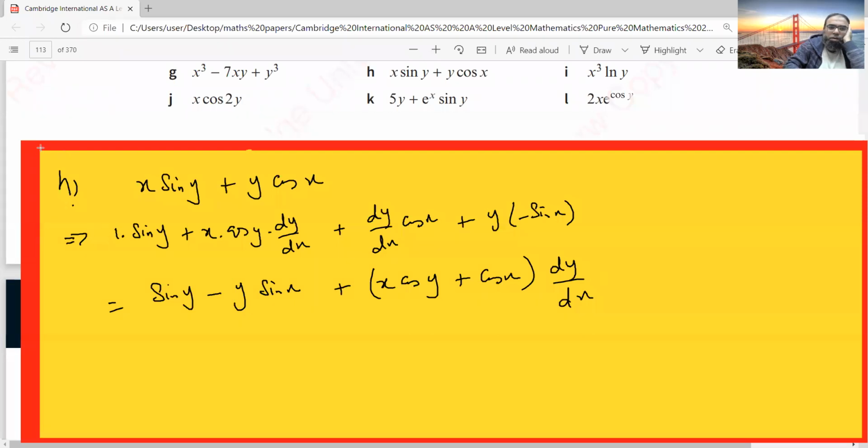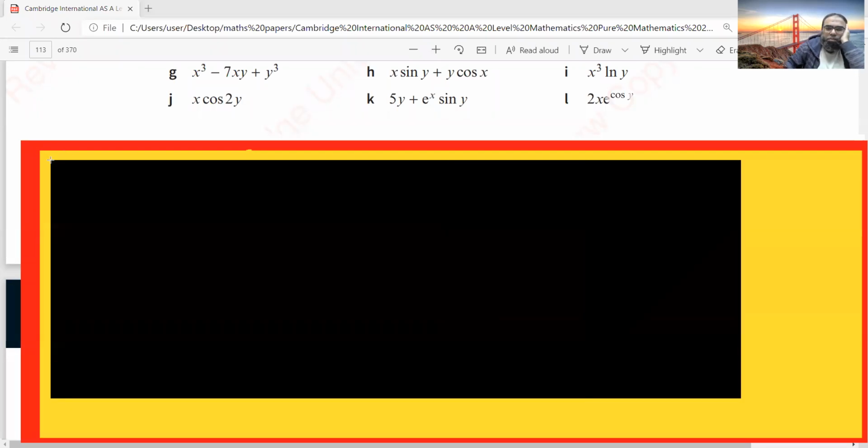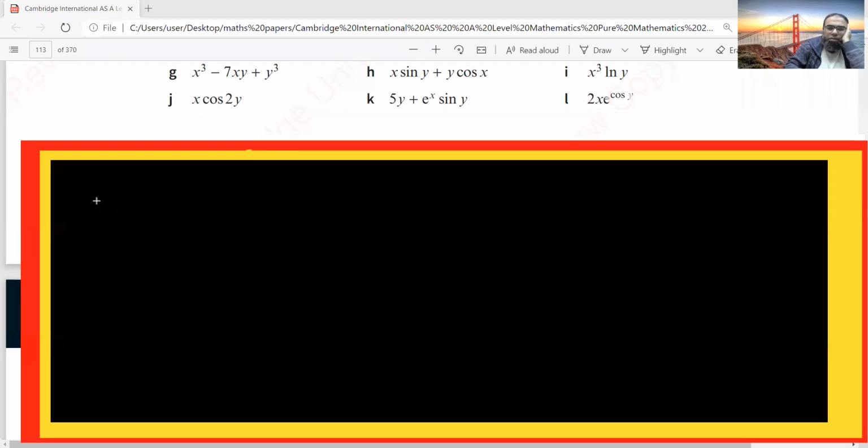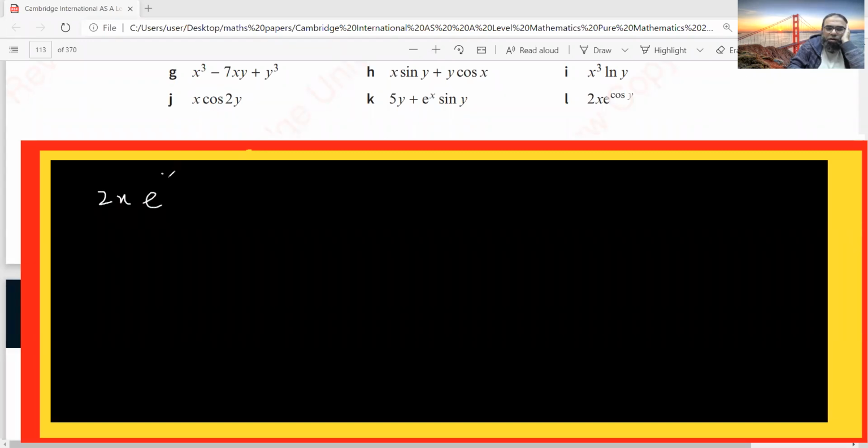There is the L part. So the L part says it is 2x e raised to power cos y. So 2x, I'm keeping it as 2 into x derivative is 1 and e raised to power cos y remains as it is, plus x as it is.